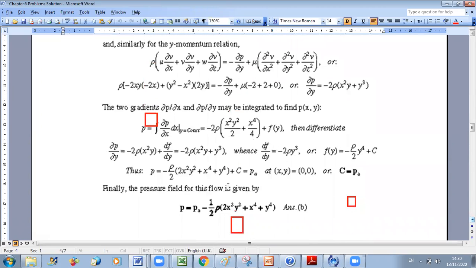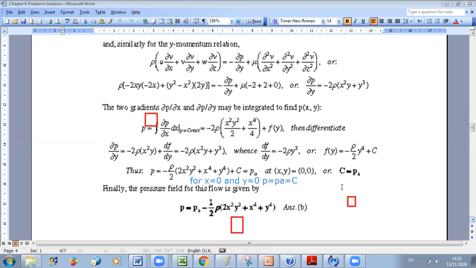For x equals 0 and y equals 0, P should be equal to atmospheric pressure. If you replace x and y by 0 in your equation, you get C. So your constant C is equal to PA.